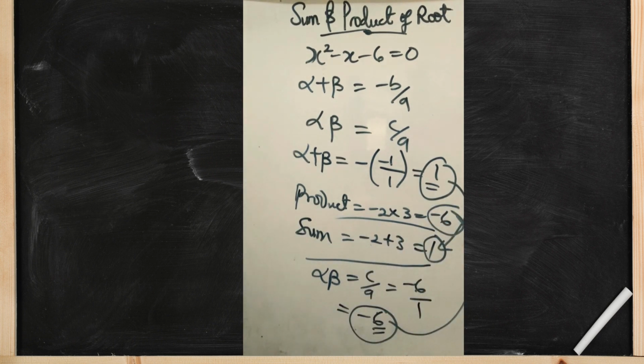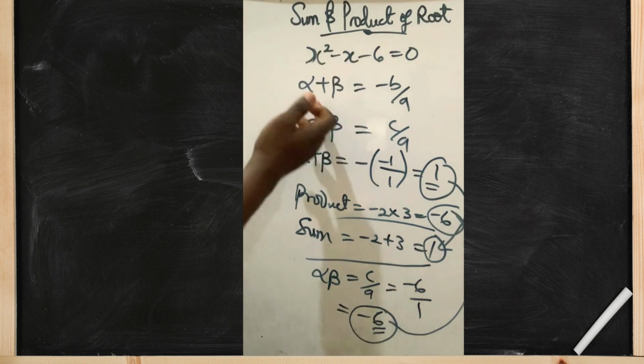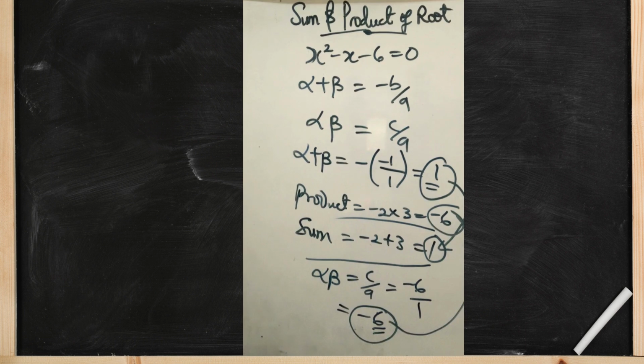So you can see that this is just a straightforward formula. Sum of the roots is alpha plus beta equals minus b over a. The product of the roots is alpha beta equals c over a. Just to sum up the roots without having a need to solve the quadratic equation itself.